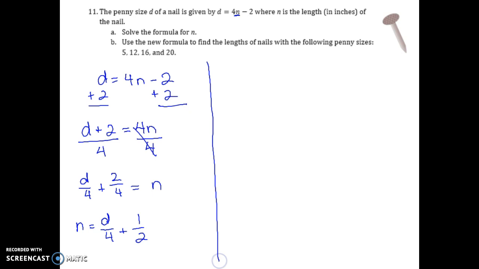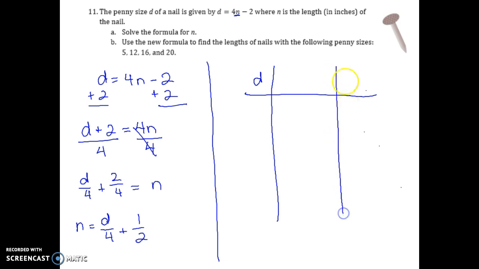We solved for n. Use the new formula to find the length of nails with the following penny sizes. So what we're actually doing is we want an input. We have an input of our d's, so let's do a little chart here. This is a little bit easier. Our output would be n.